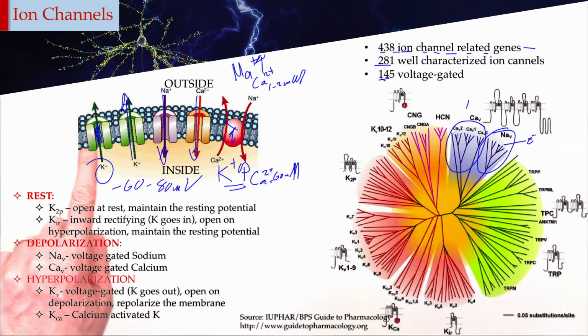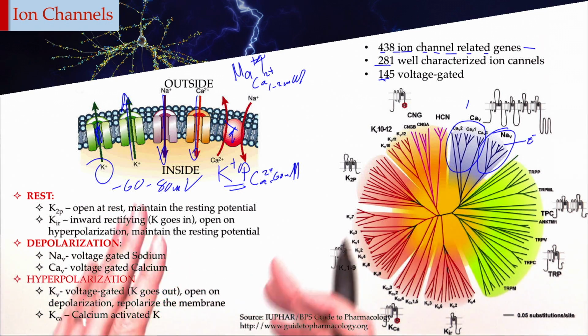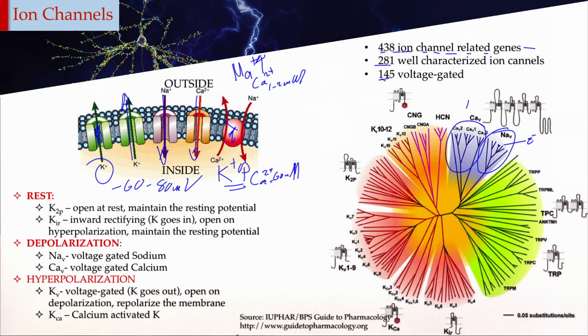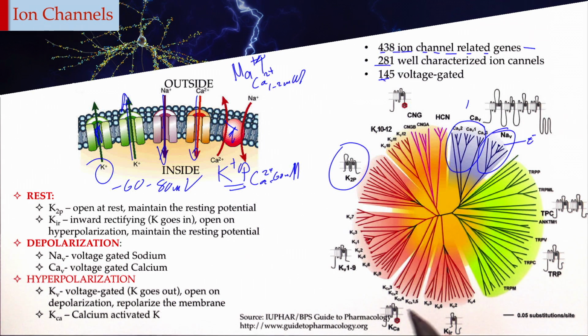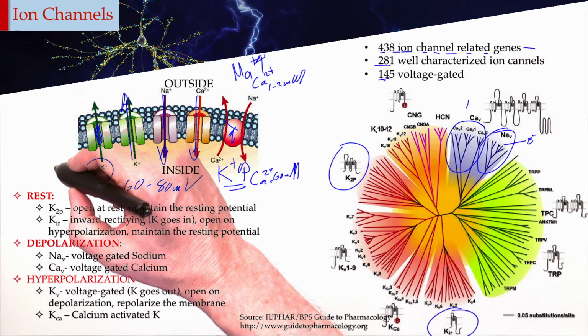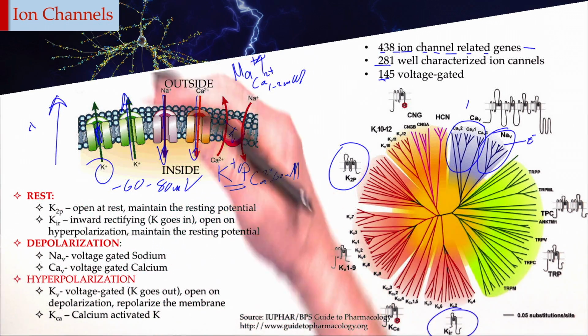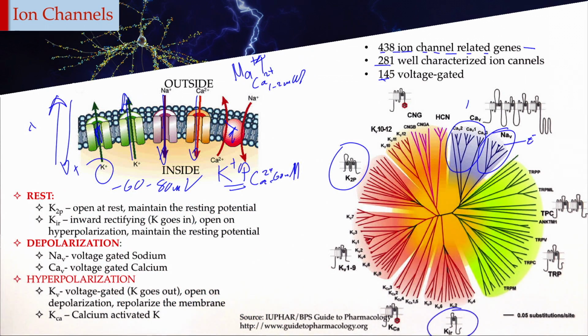So you have to have leak channels, or channels that are just permeable. They're not necessarily very sensitive to voltage. They just stay open all the time, and they help keep the resting potential. So that's these K2P and the inward rectifiers. By convention, when positive current flows out, it's called an outward current, and when positive current flows in, it's called an inward current.